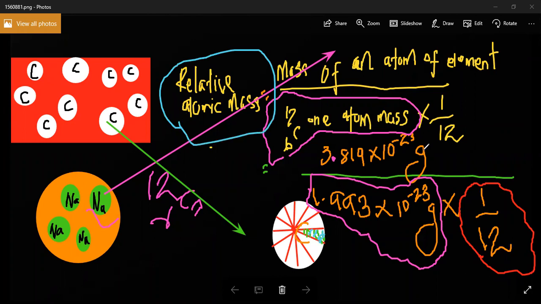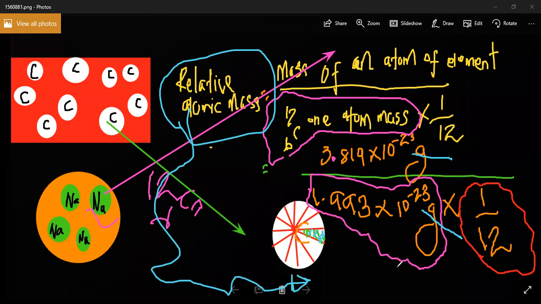look, I can cut this gram here. Now this relative atomic mass would have a unit. Does it have a unit? No. Why? Above also gram, below also gram, and here this gram and this gram will be cut.